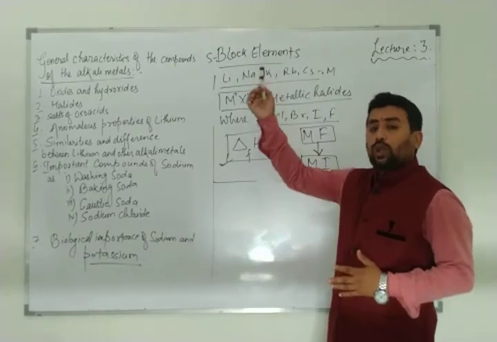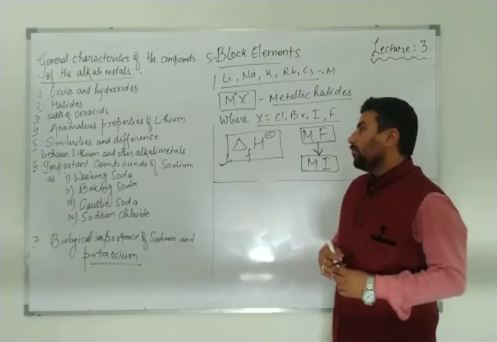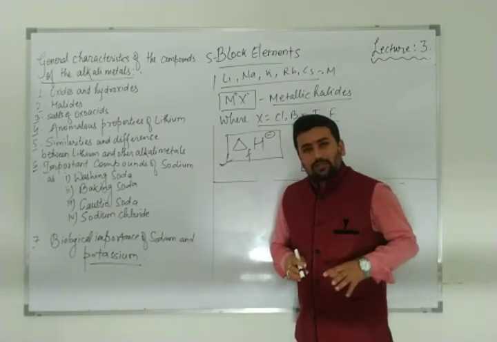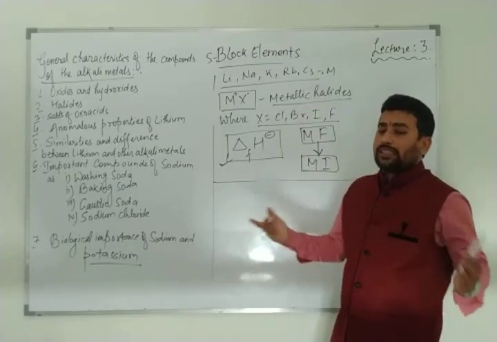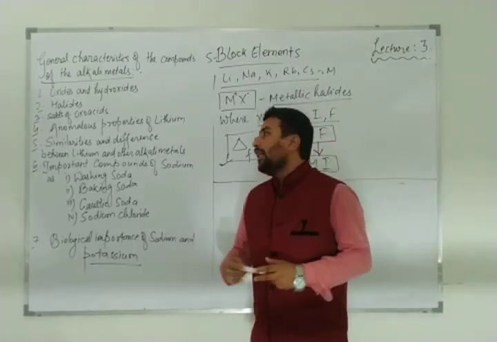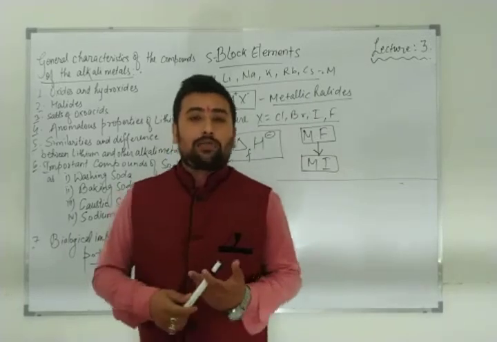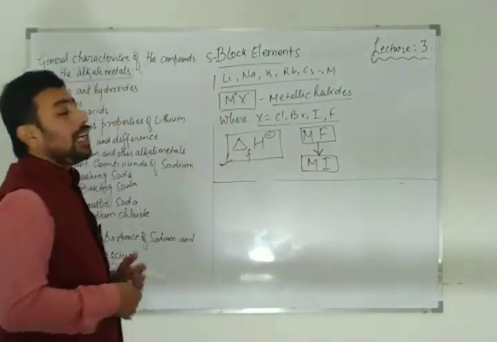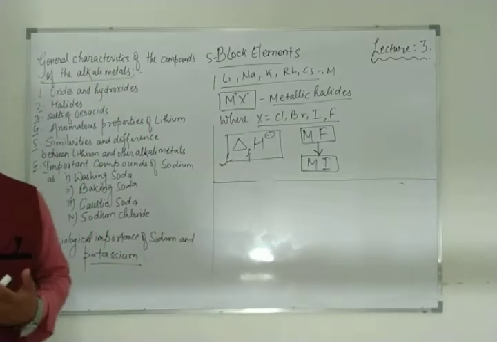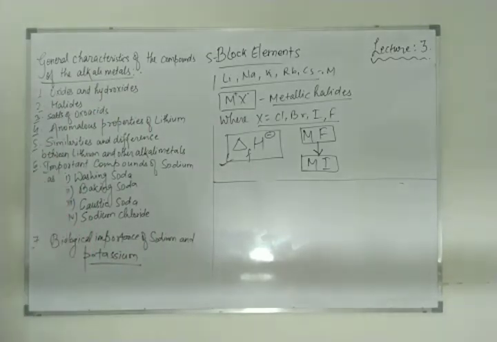As we move from top to bottom, because lithium size is very small, lithium carbonate is not so stable, but cesium carbonate is much more stable. As we know very well, sodium hydrogen carbonate we use as washing soda also. Okay, so now we are moving towards the anomalous properties of lithium.